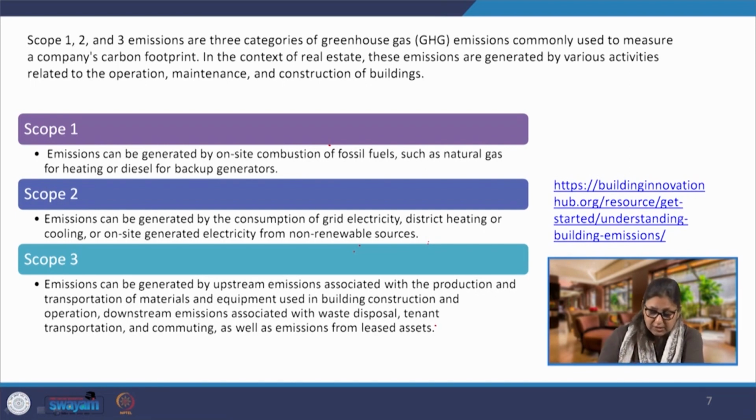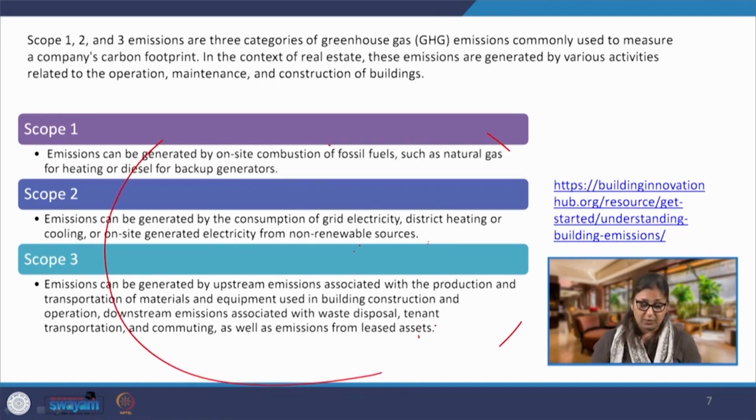And scope 3 would be associated with the production and transportation of materials and equipment that are going to be used in building construction and operation. And then the downstream one is where we are talking about waste disposal, transportation for tenancy purposes, for commuting, and also from leased assets.